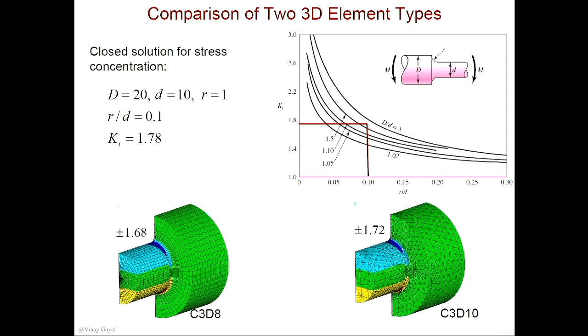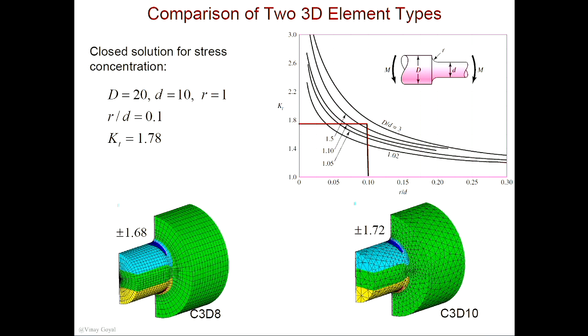Let's compare 2 types of elements. These are closed form solutions for a bar subject to bending loading. For this geometry, R over D, the fillet radius to this diameter, is about 0.1. I can calculate the stress concentration as 1.78.